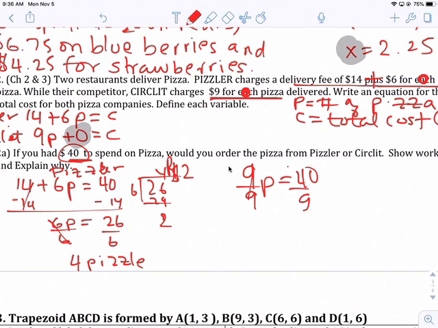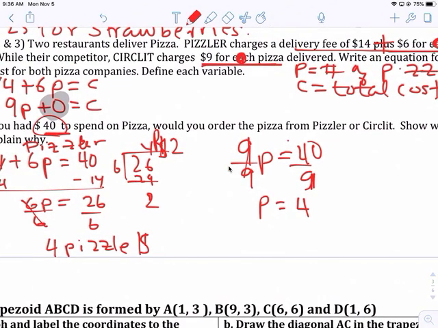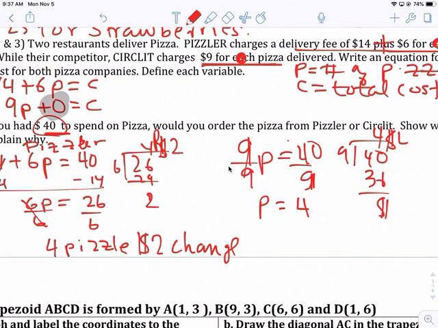You just divide by 9. 40 divided by 9 is 4, which is 36 with a $4 change.